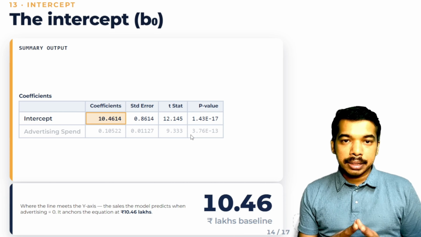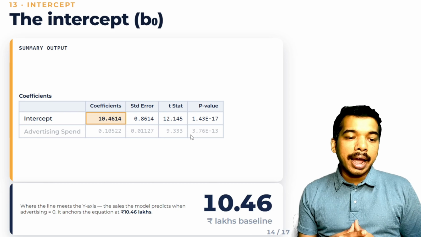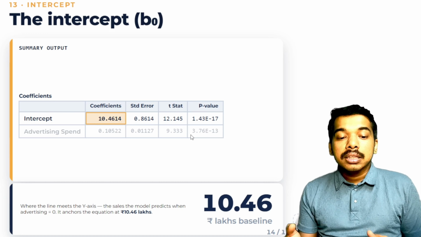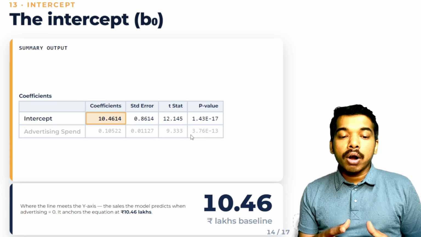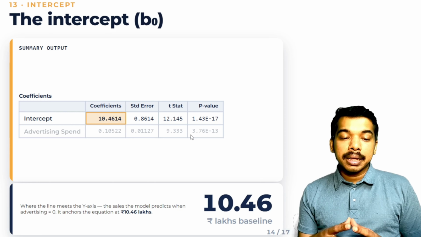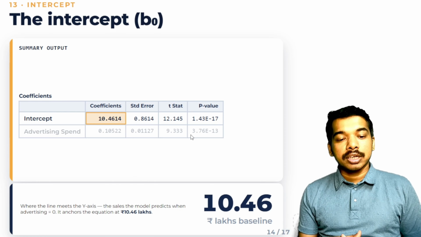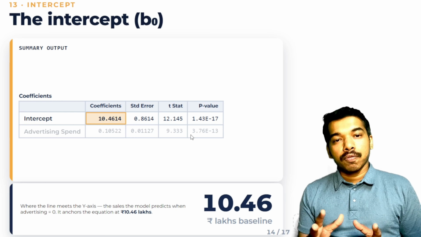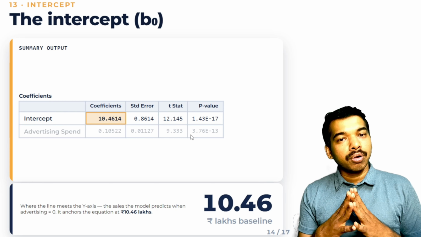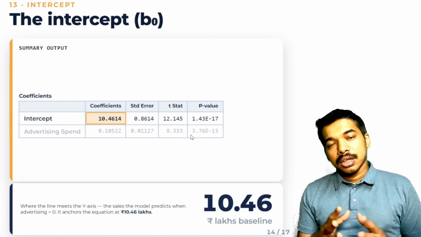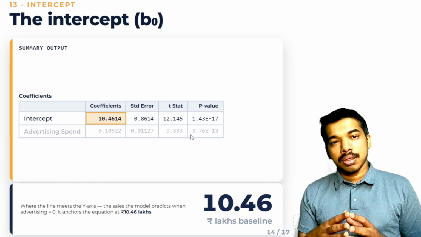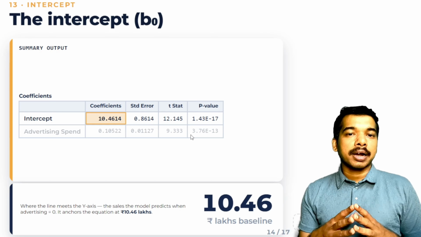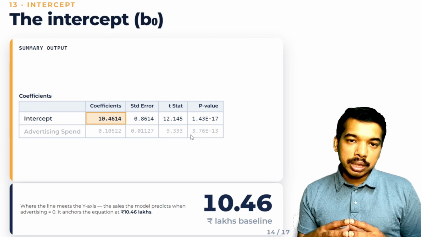That's what the intercept indicates. It is where the line meets the y-axis, the sales the model predicts when ad spend is 0. It anchors the equation at 10.46. If you don't spend anything on ads, you will still have sales of 10.46 lakhs because of other factors.